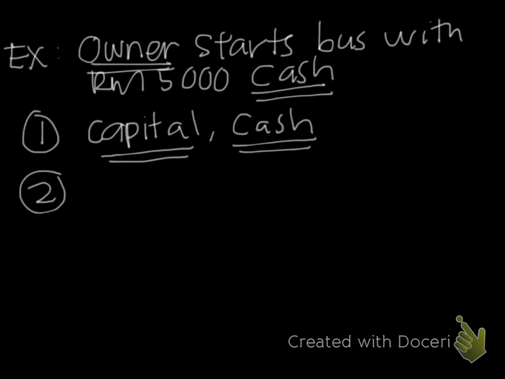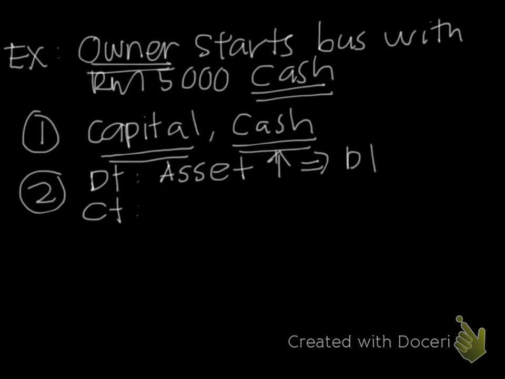Step number 2, identify which account should be a debit and which account should be a credit. Remember, as I explained before, the asset account increase should be recorded in a debit side.